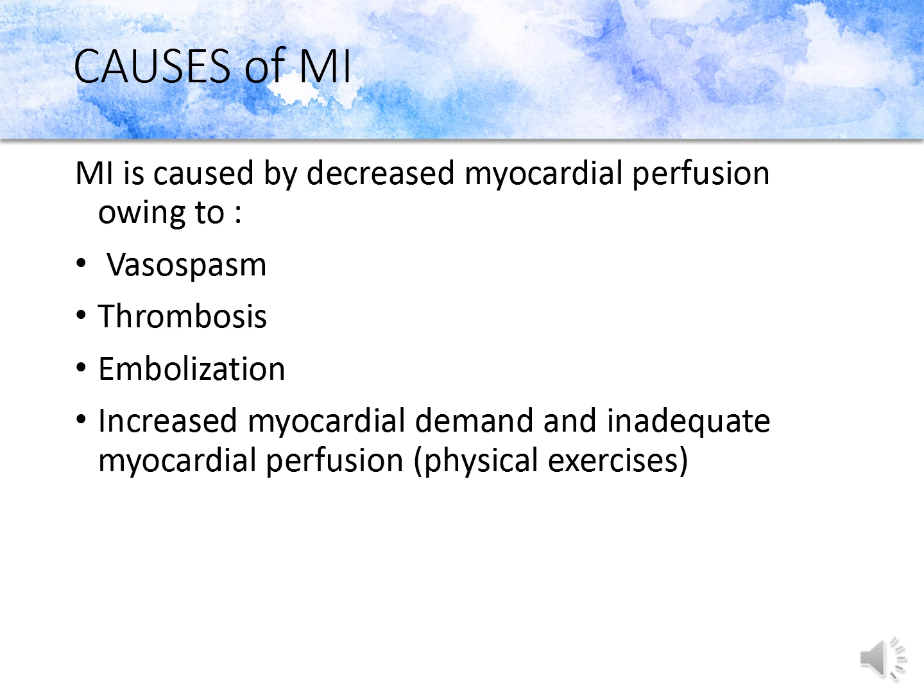Myocardial infarction is caused by decreased myocardial perfusion owing to vasospasm, so spasm of the arteries, thrombosis, embolization, and increased myocardial demand with inadequate myocardial perfusion. For example, for sportsmen during physical exercises, we may have such a clinical situation.